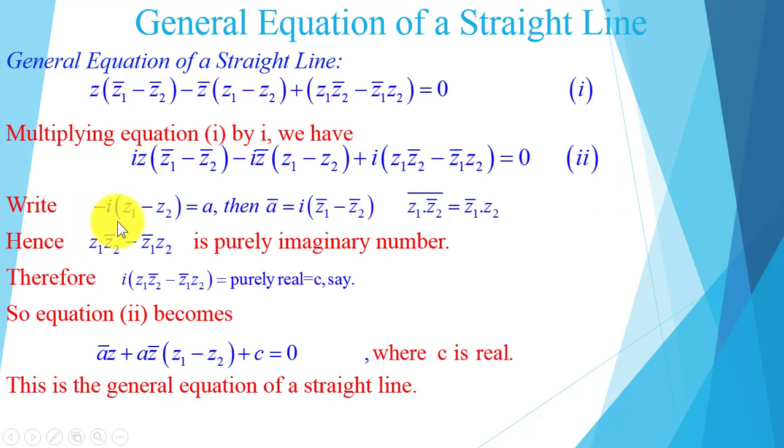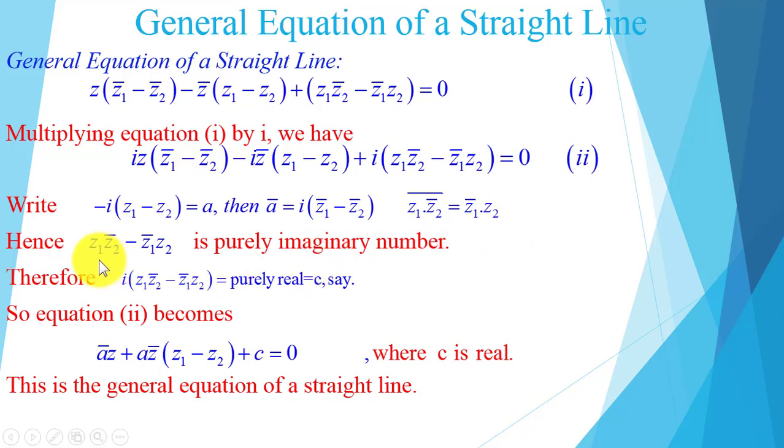Now let minus i(z1 minus z2) be equal to A. Then its conjugate A bar is equal to the whole bar of this quantity, which is equal to i times (z1 bar minus z2 bar). Also, (z1 times z2 bar) whole bar is equal to z1 bar times z2.